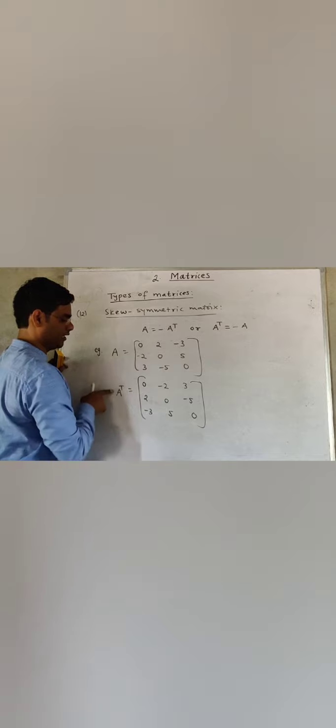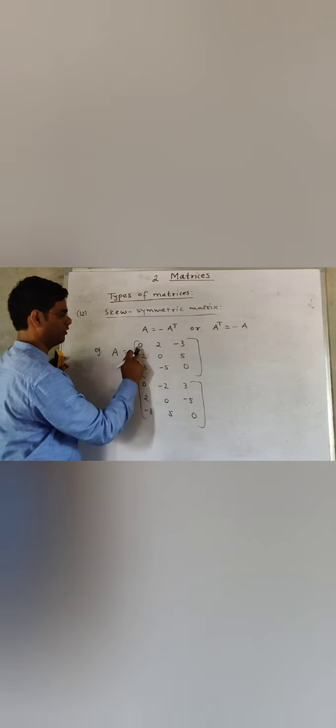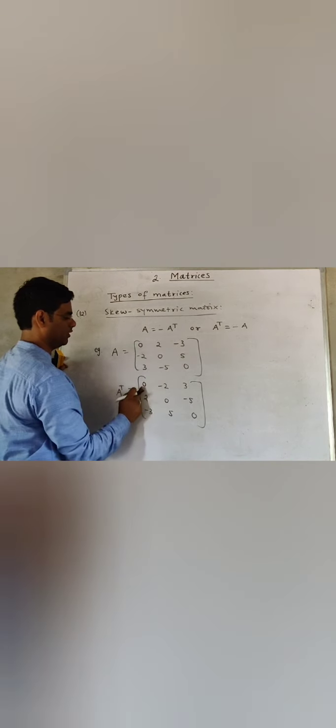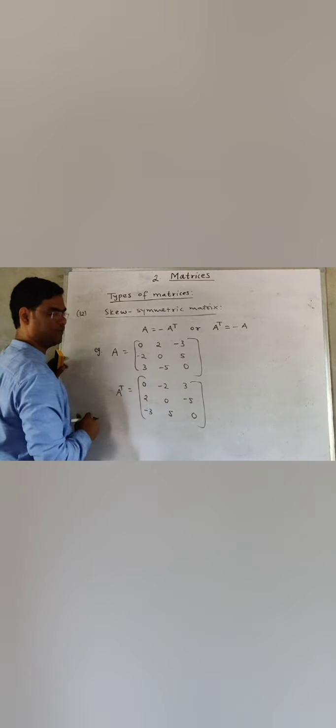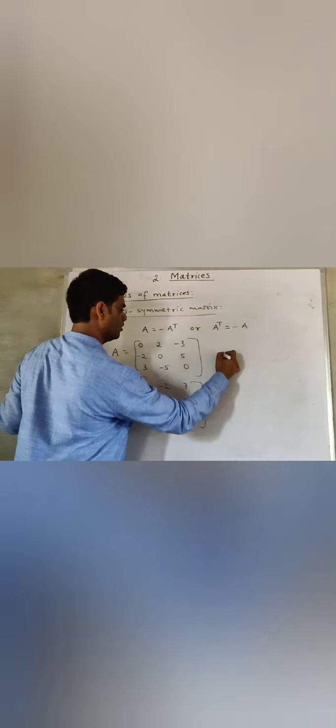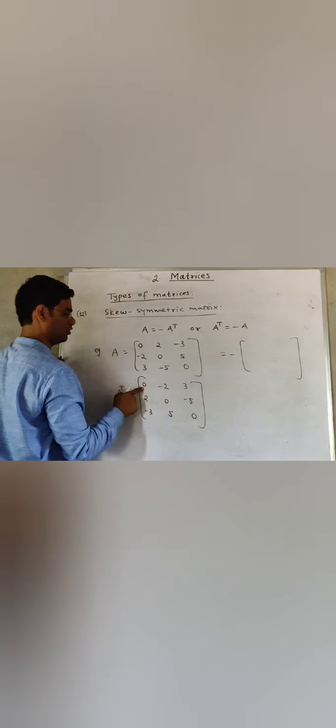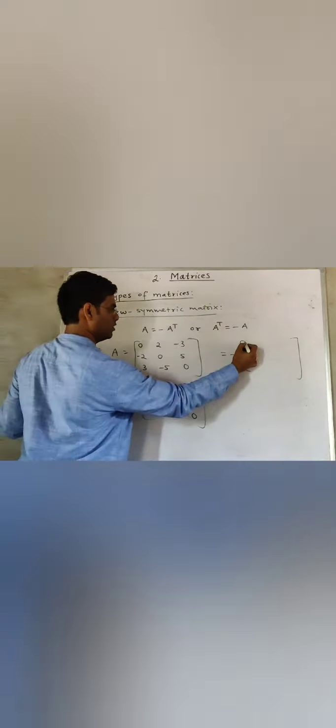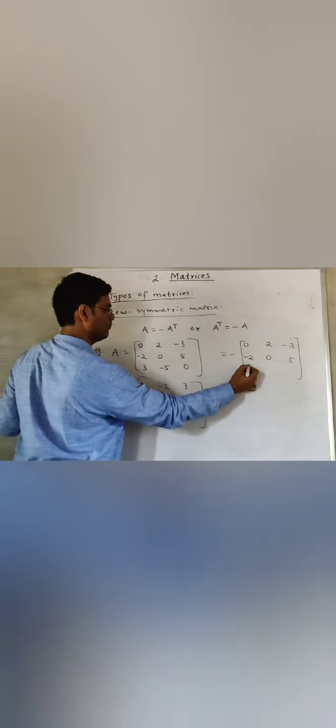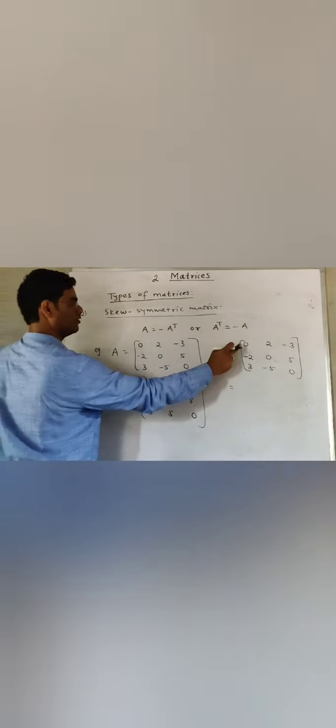Now observe matrix A and A transpose. These two matrices are not equal, because here we have 0, 2, minus 3 and here 0, minus 2, 3. But if you take the minus sign common from A transpose, it becomes 0, 2, minus 3; minus 2, 0, 5; 3, minus 5, 0.